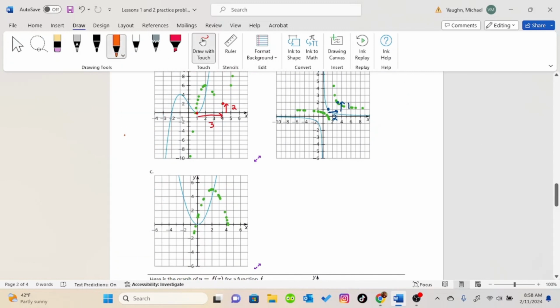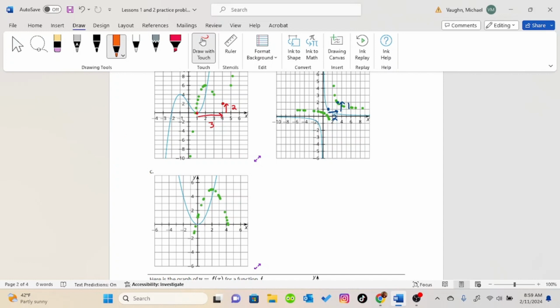Now if we look at C, the line is opening upward. The data points, however, form a parabola that opens downward. So the first thing we're going to need to do is reflect across the x-axis.